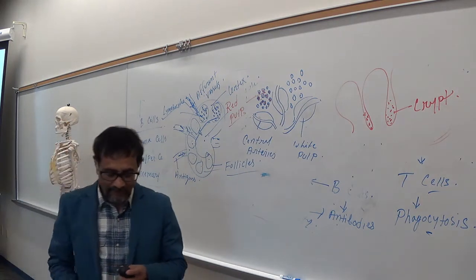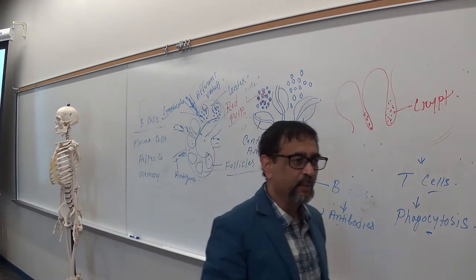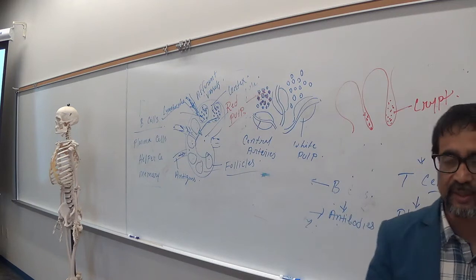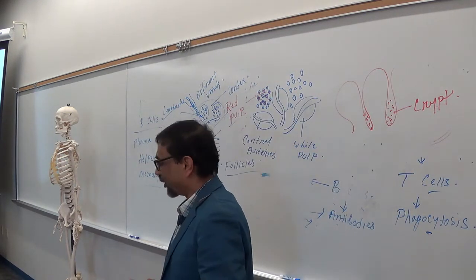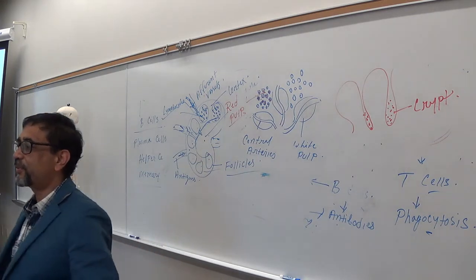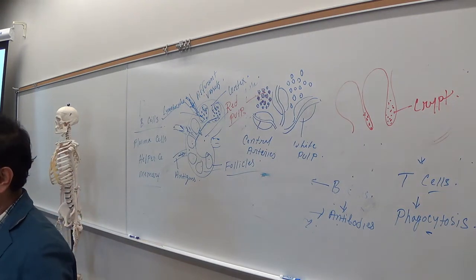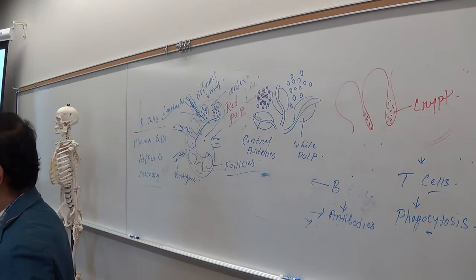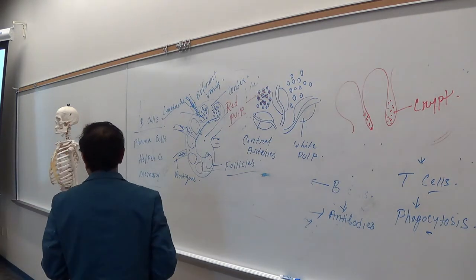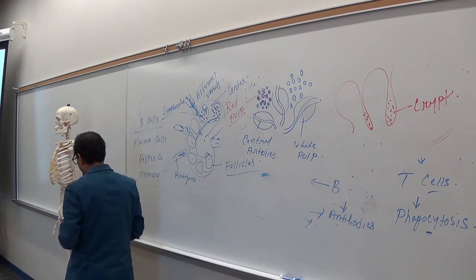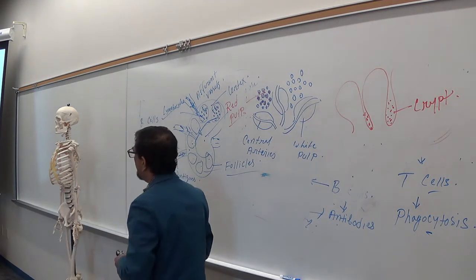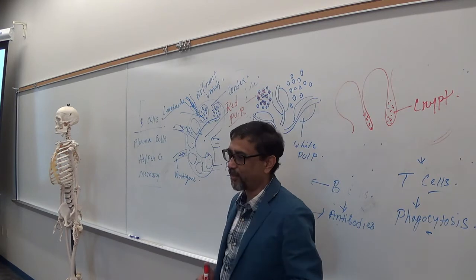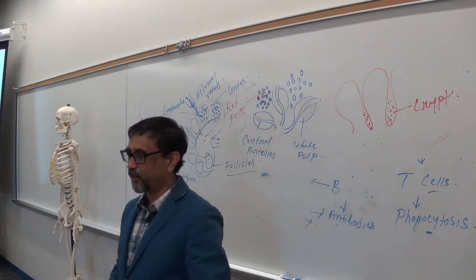We know that lymphocytes are present in huge amount in the tonsils, lymph nodes, thymus, spleen, but also in a few other structures of your body. One is in the late part of your small intestine, the distal part of the small intestine.